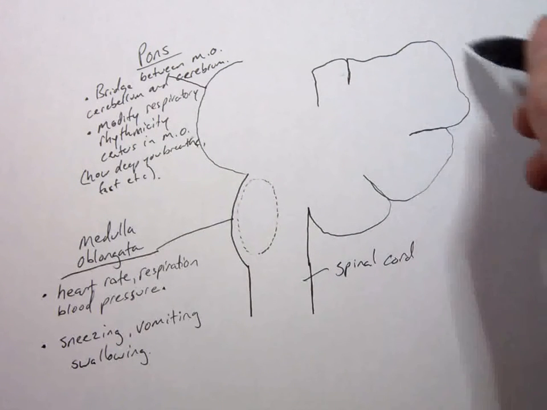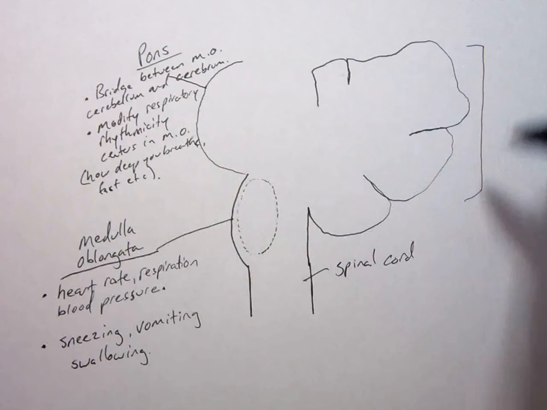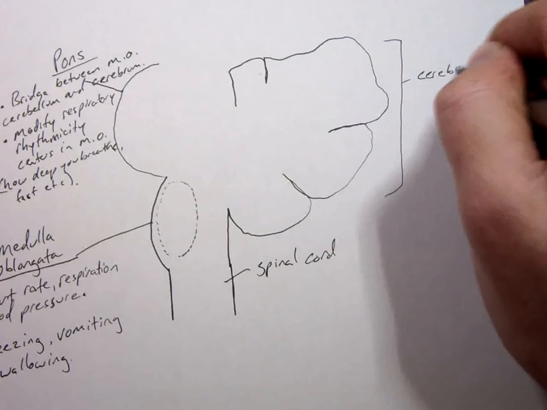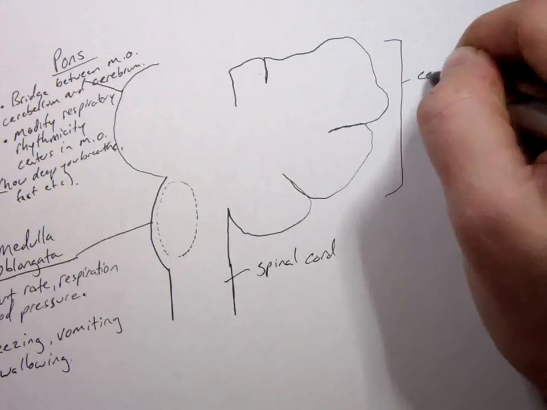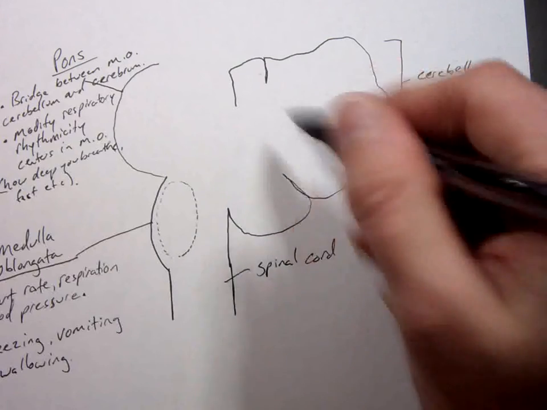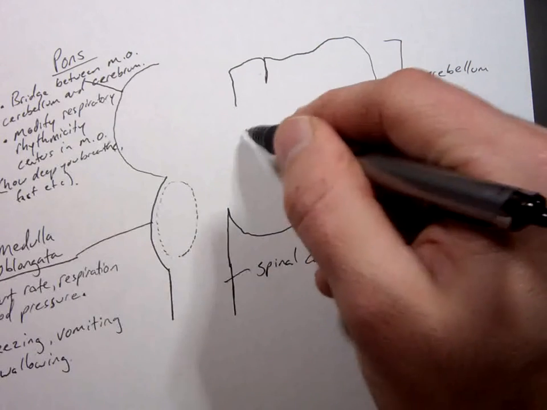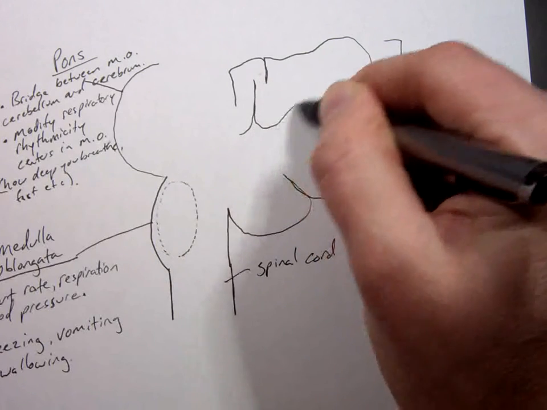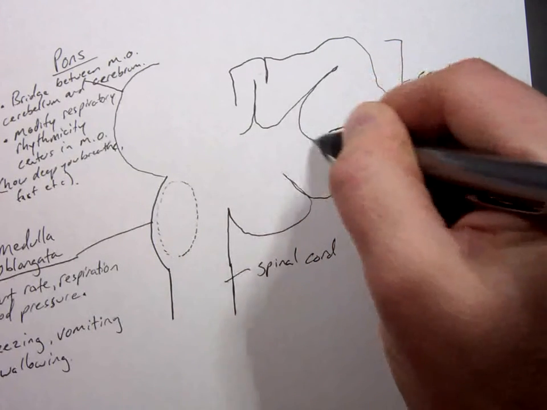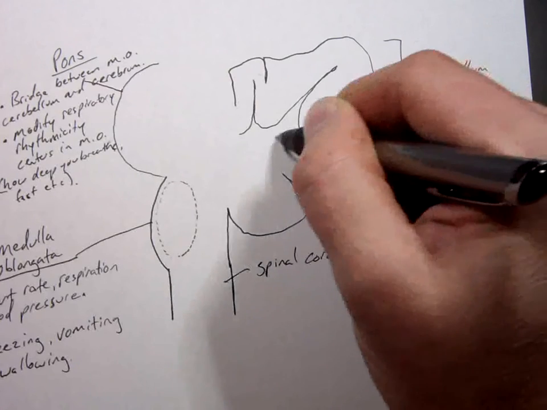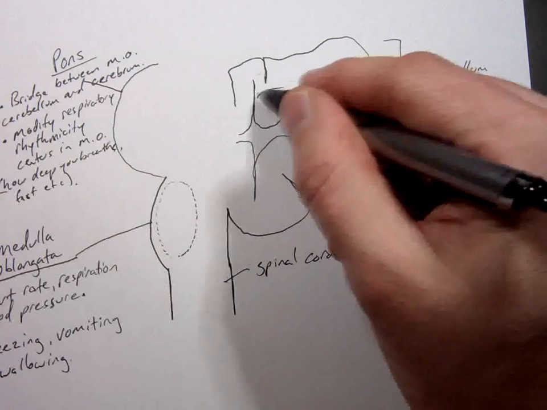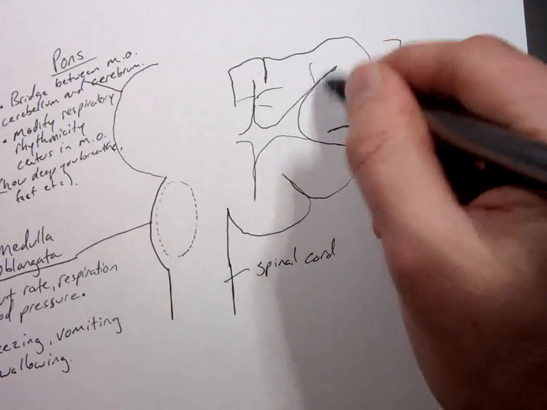Anybody know who this is? Yes, this is the cerebellum. The cerebellum has got this thing going through it, like this, that somebody at some point thought looked kind of like a tree.